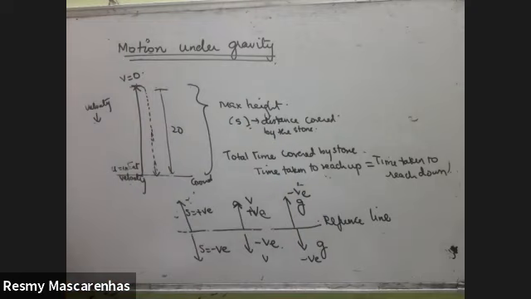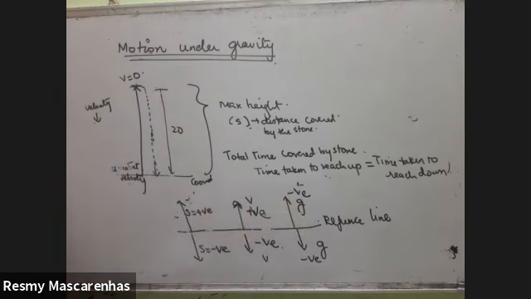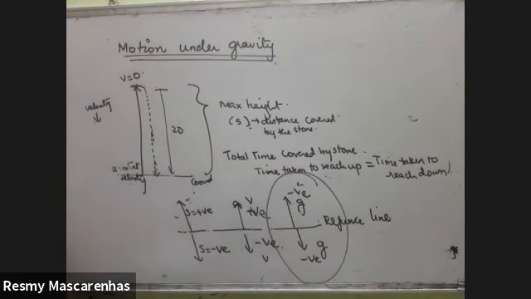Because the direction of the gravity of the earth is not changing, whether the ball is going up or down, the earth is pulling downwards only. Whether you throw the ball up, or it is falling from a height, the direction of gravity is not changing. The earth's gravity remains the same, so it is always trying to pull it down. That's why in both cases you have to take acceleration due to gravity negative. This part you remember. G is to be taken negative.